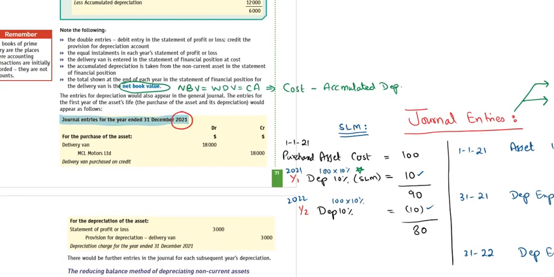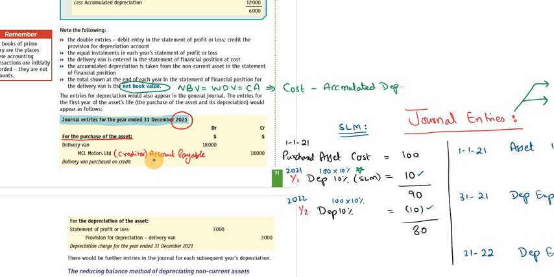So the first entry will be the purchase of an asset. Delivery van debit. If we purchase on credit, then here we mention the name of your creditor, or you can say accounts payable. The term accounts payable we use when we purchase items other than inventory.